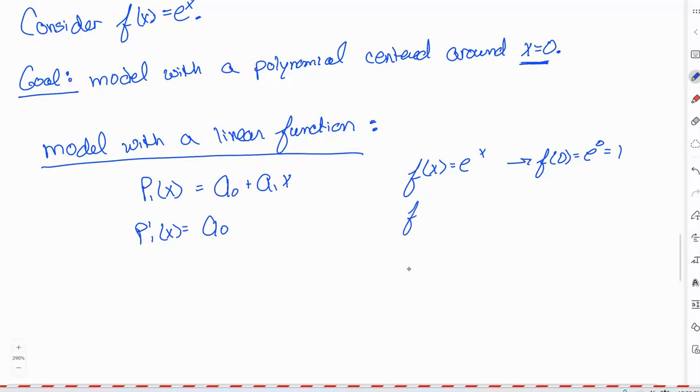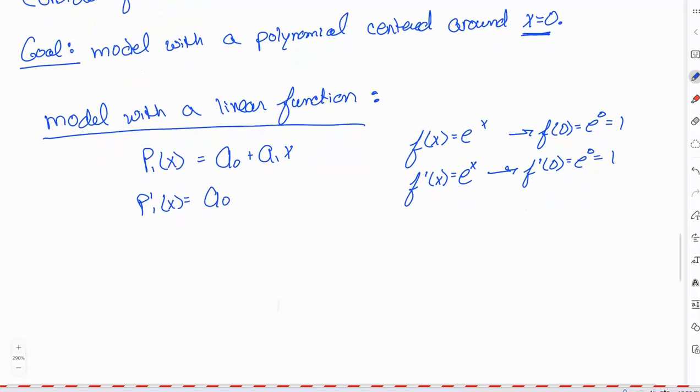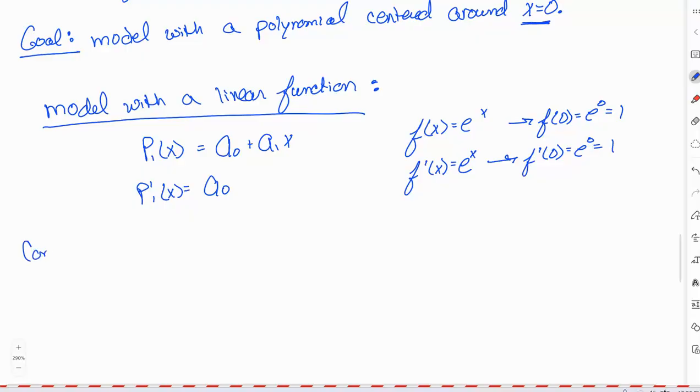And then I'm going to look at that derivative, f prime of x. Well, the derivative of e to the x is e to the x. And if I were to look at what's happening at 0, I'm going to get e to the 0 out again, which is 1. So now I'm going to compare. We want to figure out what a naught and what a1 would be.